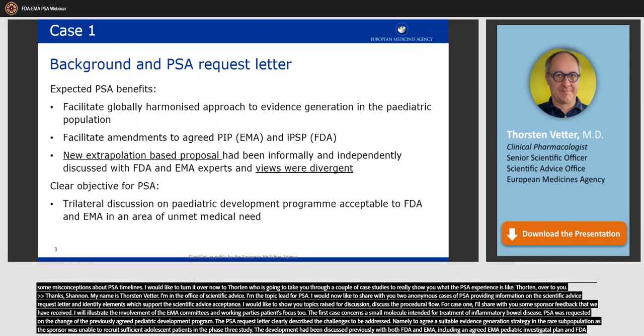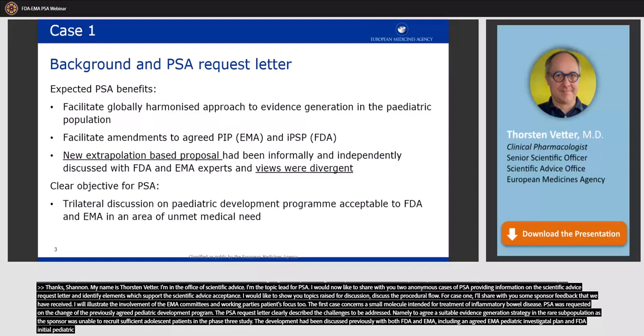The expected benefits of PSA mentioned by the sponsors were to facilitate a globally harmonized approach to evidence generation in the pediatric population, and to facilitate necessary amendments to agreed PIP and IPSPs with EMA and FDA respectively.